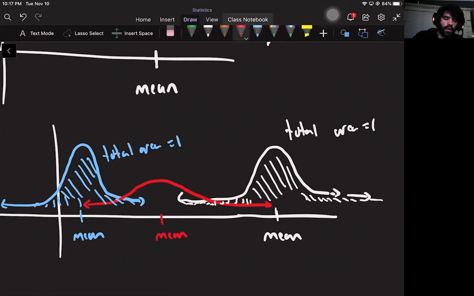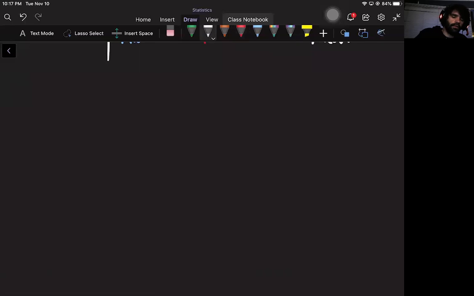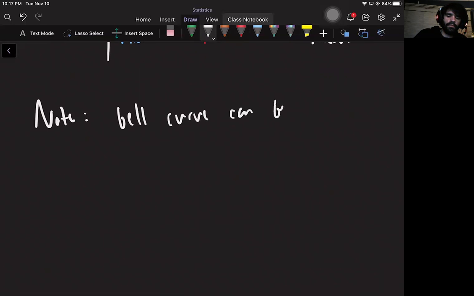Same thing if I make it wider, like this red one, then it's got to be a little bit lower to account for that, so that the area stays as 1. Okay, so that's a little note that I just wanted to say. So note the bell curve can be either, it can't really be both, tall or wide.